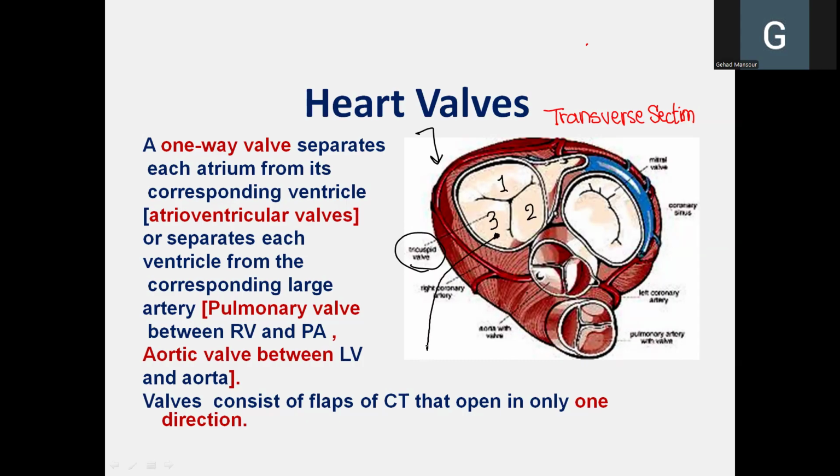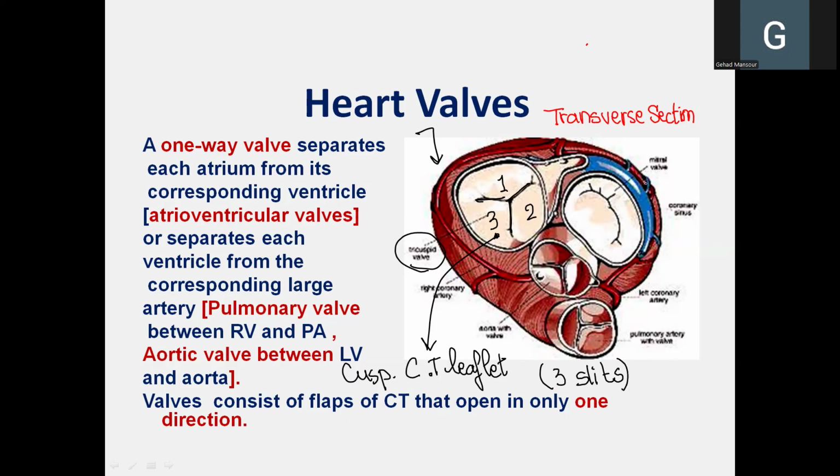Every one of these cusps is a connective tissue leaflet. It looks like a small leaf, and we call this a cusp. So the tricuspid valve is not one piece. Of course, it is open in order to allow the passage of blood, but it's a three-slit opening. So it has three slits or narrow openings to allow the passage of blood.